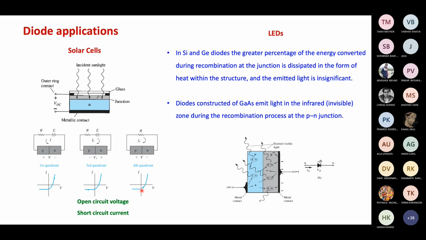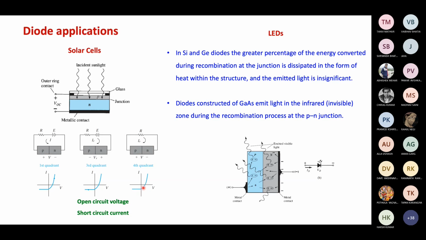Similarly, the short circuit current is the current when, instead of a resistor, we have a short circuit, we just have a wire here, so that the voltage across the diode is 0 and maximum current flows through the diode, and that is the point here. So this is known as the short circuit current.